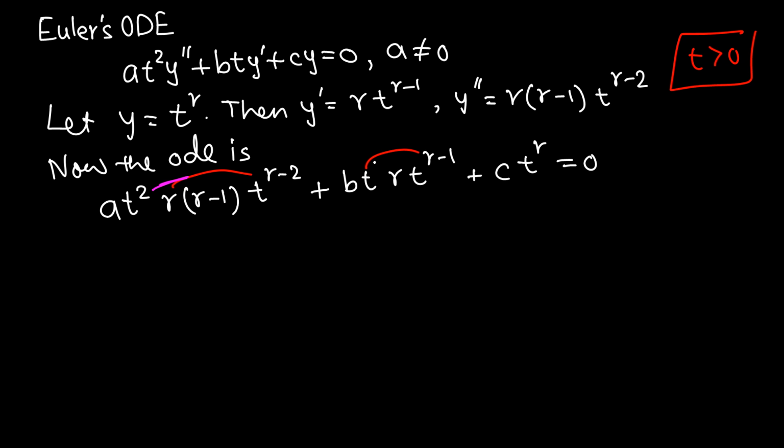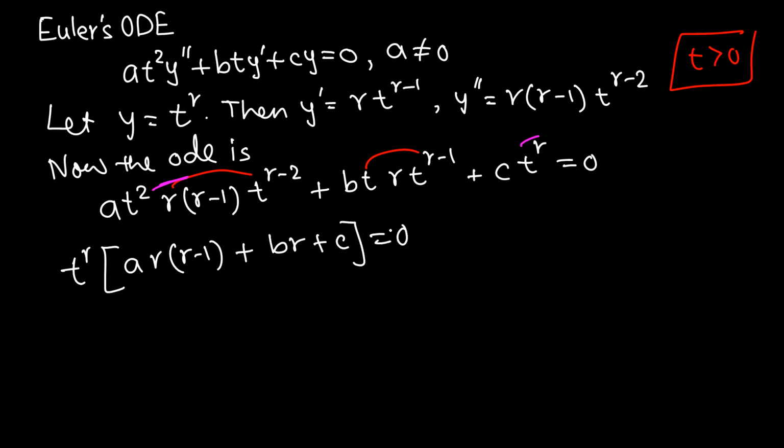Here t raised to 1 times t raised to r minus 1 is t raised to r, and we got t raised to r here. So from these three terms we can factor t raised to r. That leaves a r(r-1) plus b r plus c equals 0.